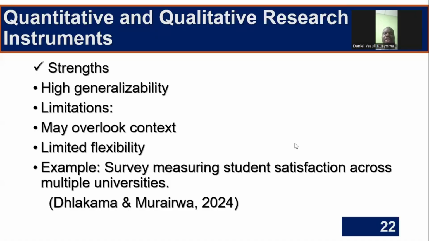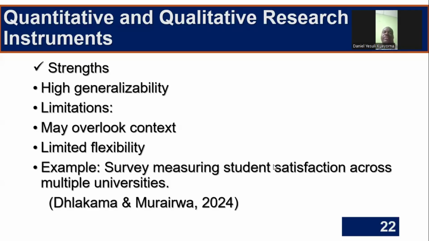Limitations: may overlook context. So here we don't look at the context, we don't look at the conditions, we don't look at the environment in which these data are collected. Whether the people are under stress, they are having mass anxiety, we don't look at all those pointers. We just look at the figures available to do our judgment.